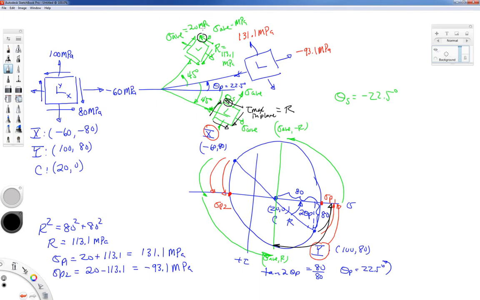What I would suggest is that for Mohr circle problems, you first practice with principal stress states and maximum shearing stress states.